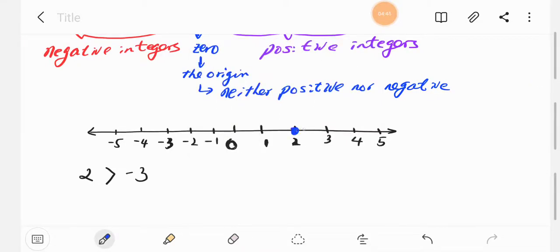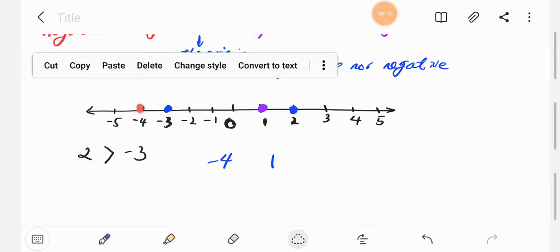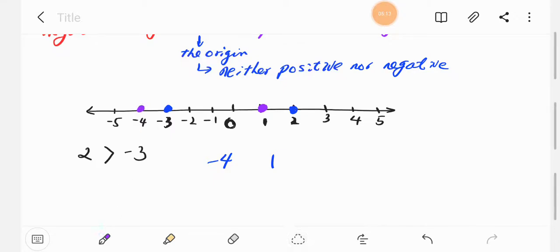How about -4 and 1? Let's check. 1 is to the right of -4. So 1 is greater than -4.